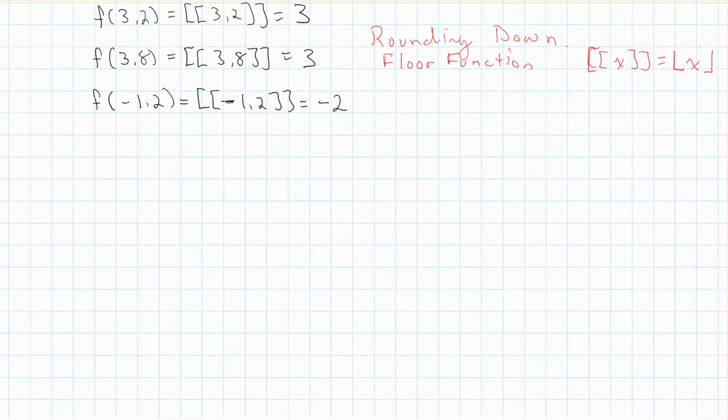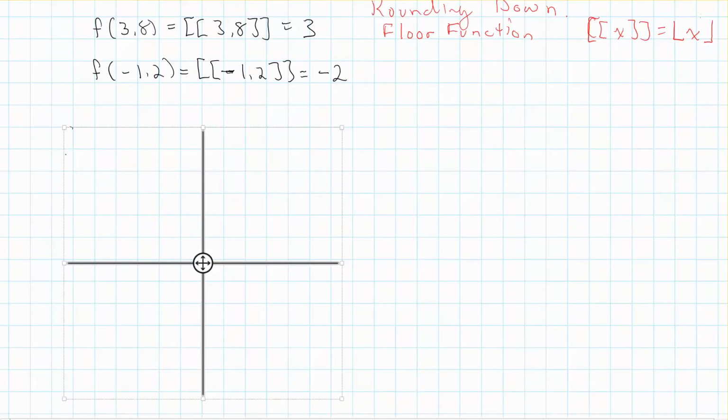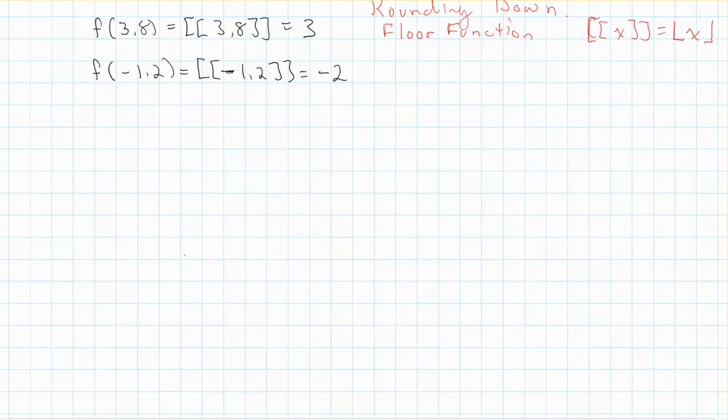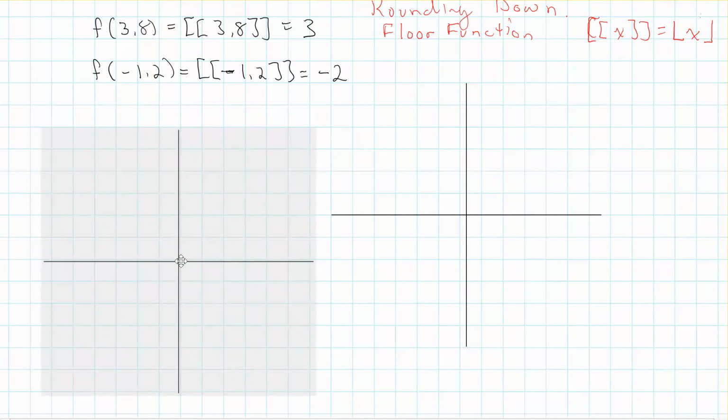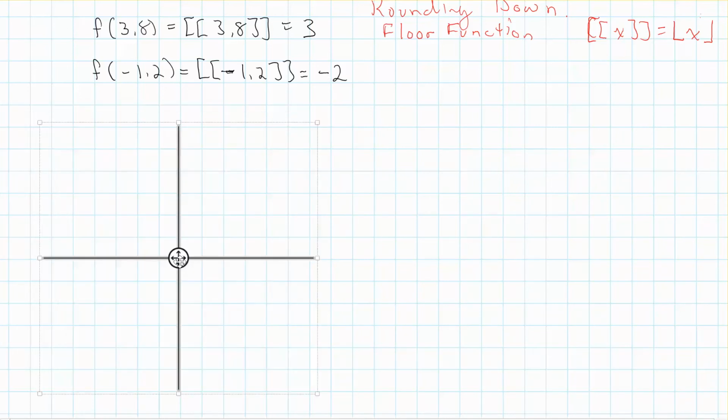Okay, so let's go ahead and look at the graph now that I mention it. Alright, there we go. So what would this graph be here? Well, it doesn't matter where we start. So let's go ahead and start at the 3 here.